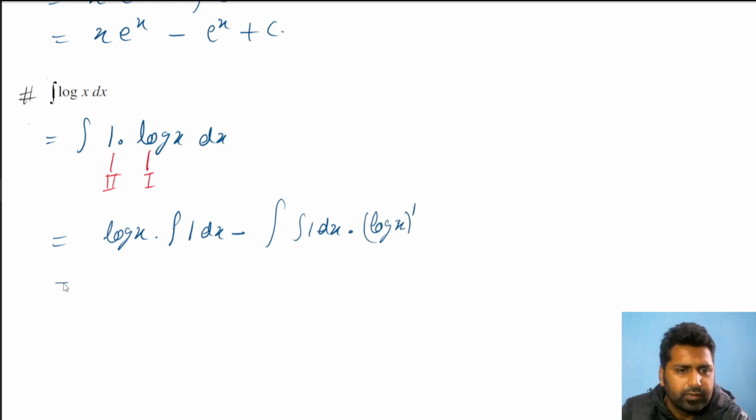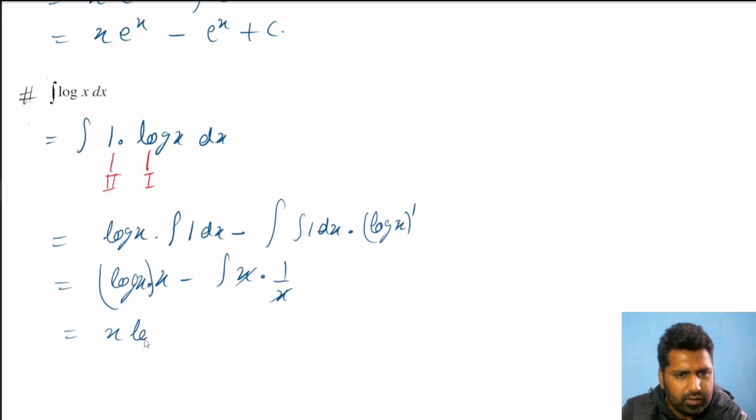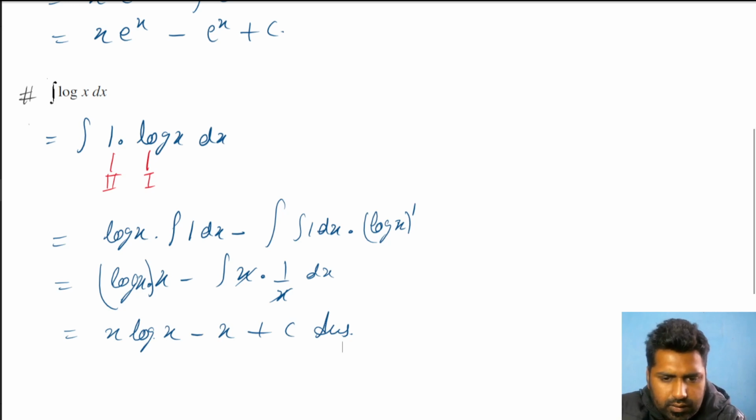So log x, integration of 1 is x, minus integration of x into log x differentiation is 1 by x. Again it cancels. So this is basically x log x minus integration of 1, again dx should be written. So 1 integration is again x, and plus c. All right, done.